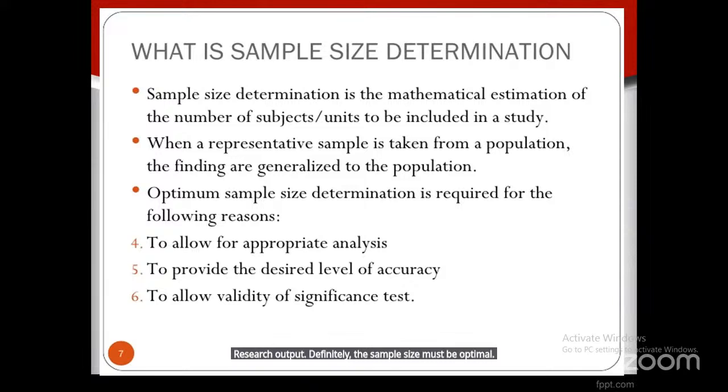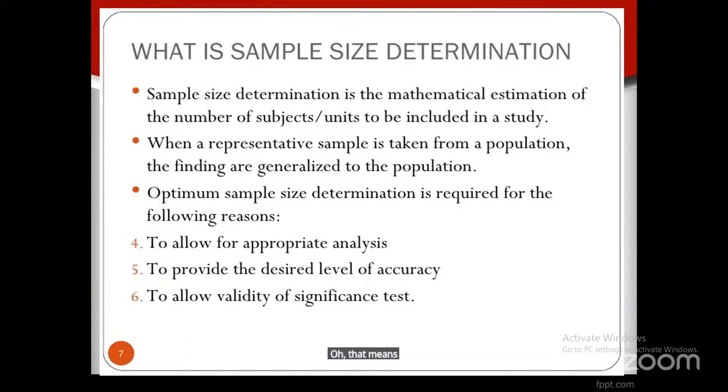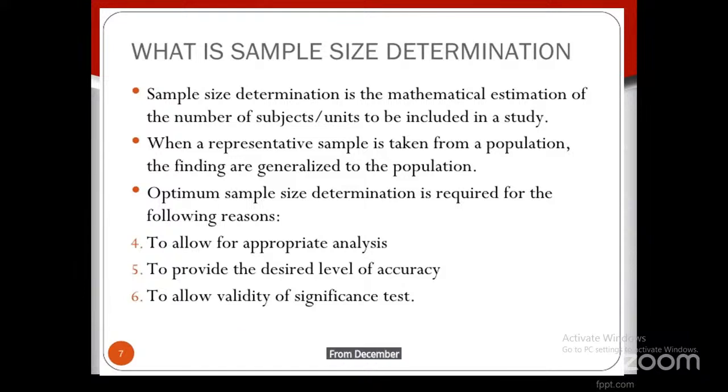And at the same time, the validity of the testing of the hypothesis, that means accepting or rejecting the null hypothesis, is based on the optimum sample size for your study, from which you collect the data. So these are the relevance of optimum sample size to be fixed by a researcher for his or her study.